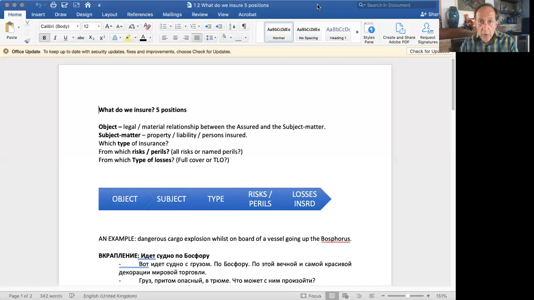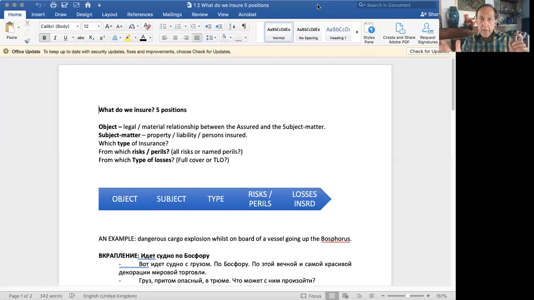So when you look at this particular map of insurance, you can see that position number 1 is the object of insurance. And we remember that the object of insurance is immaterial. These are not bricks, these are not wheels, this is legal interest, insurable interest, the legal connection between the insured and the subject matter insured.